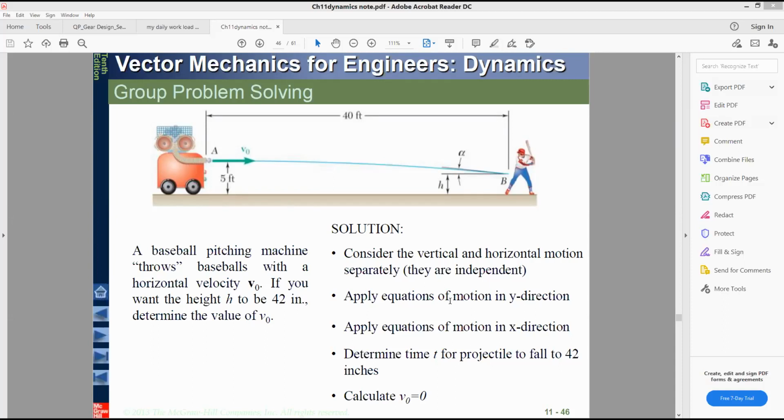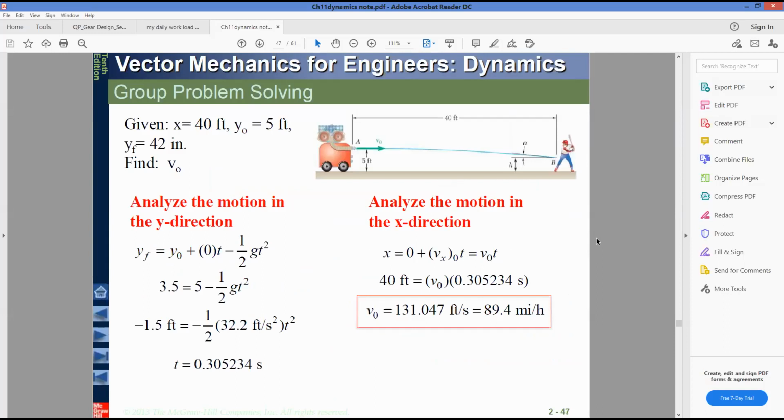Okay, so to solve this type of problem, first we have to understand what data we have. First of all, the distance along the x direction is 40 feet, and y0 is 5 feet, which in this figure you can see here.